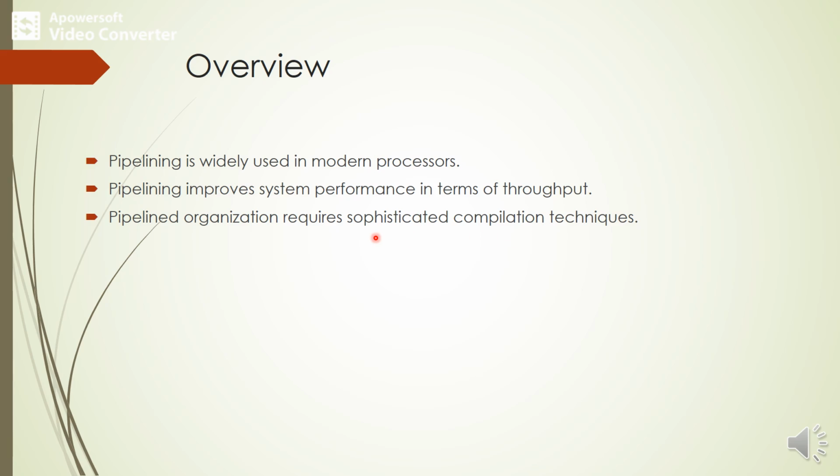So the basic building blocks of a computer were introduced in the previous sessions. So here we'll discuss in detail the concept of pipelining, which can be used in modern computers in order to achieve high performance. So in the case of pipelining, we can consider how it can lead to the improvement of performance.